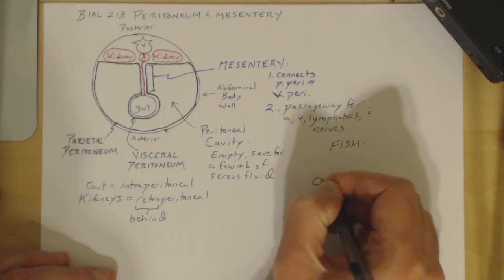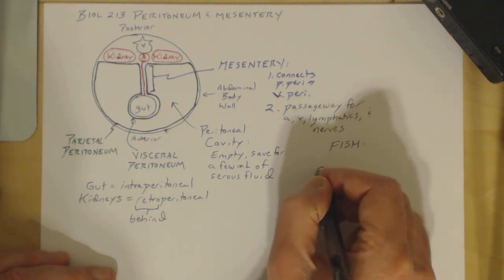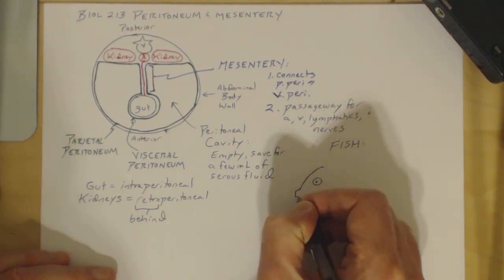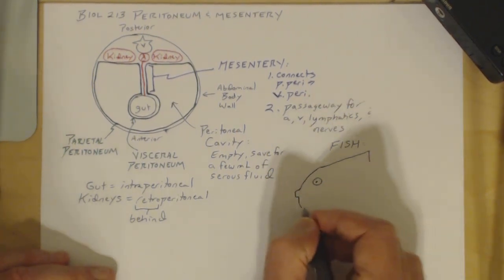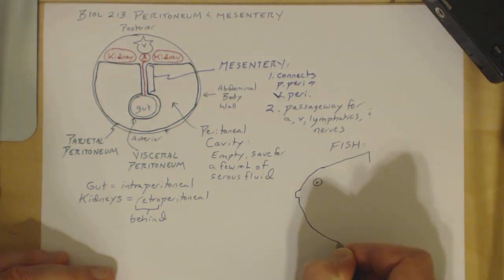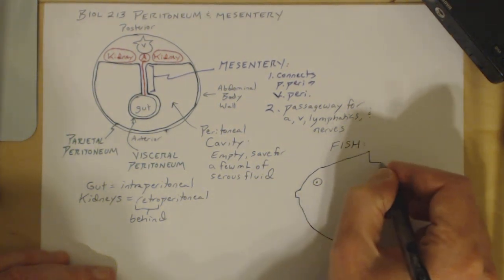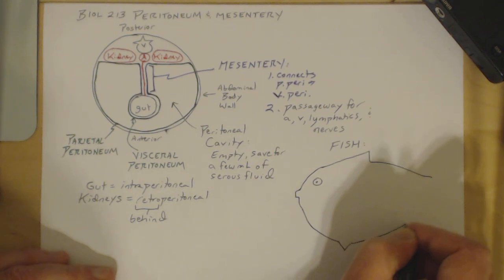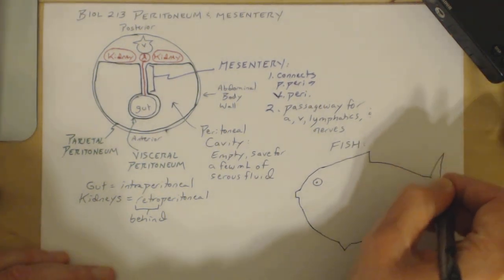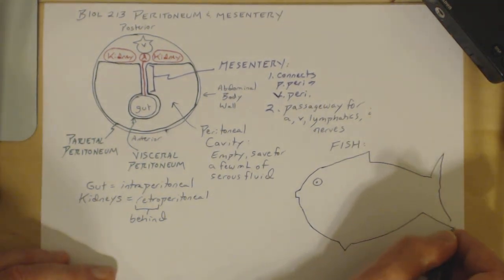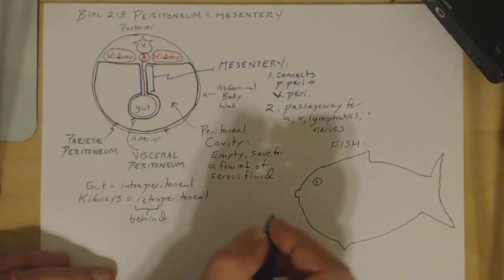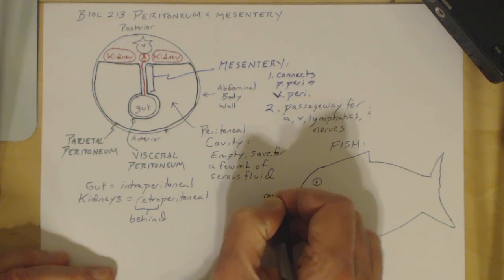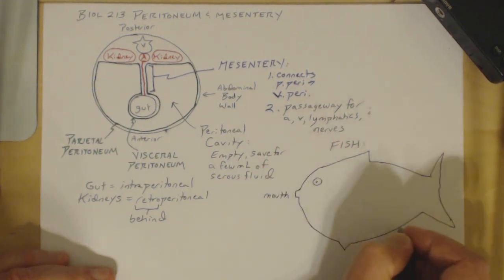So what I'm going to do here is just draw a little cartoon fish, like a little goldfish or something like that. It doesn't have to be a perfect looking fish. Okay, something like that. That is a pretty ugly fish, but it gets the point across. This is going to be the mouth. And over here will be the anus.